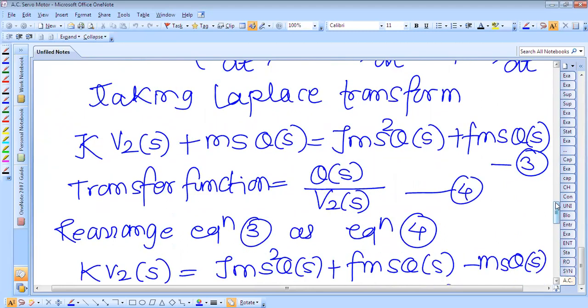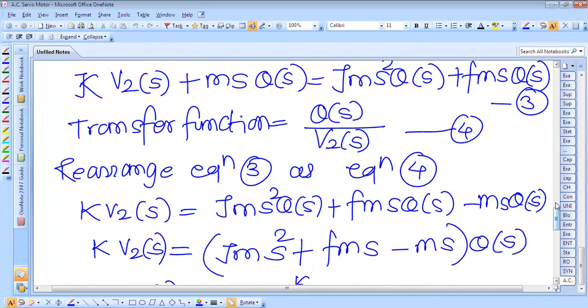The transfer function is obtained by taking the Laplace transform of the output variable over the Laplace transform of the input variable. So we have to solve equation number 3 for theta s by V2.